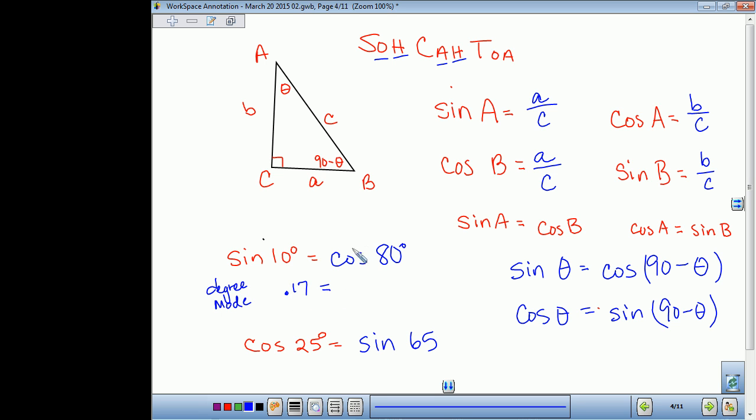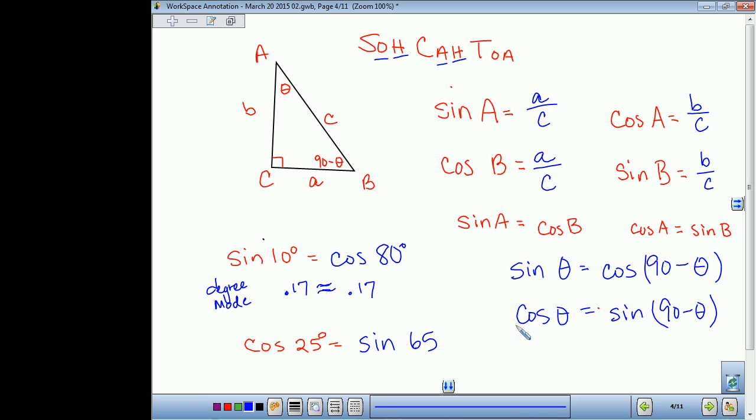Is that equal to cosine of 80? Well, this is approximate, so we get 0.17. So when we use our calculators, make sure they're in degree mode because we're entering these in degrees. And so we see that we get the exact same thing. You could test it here and see they're equivalent.